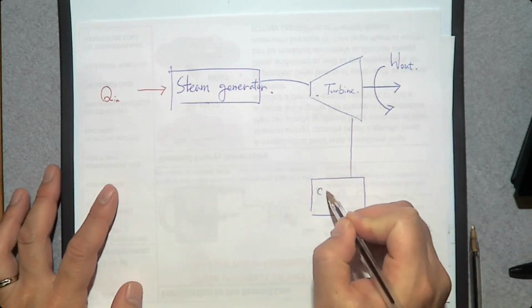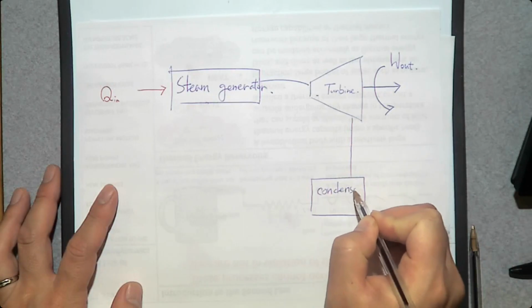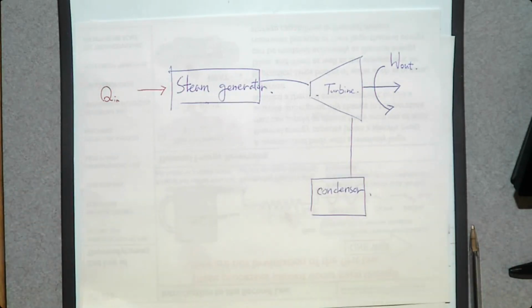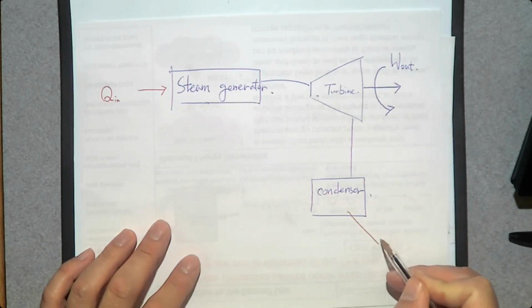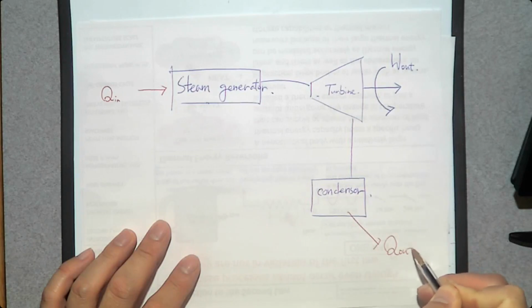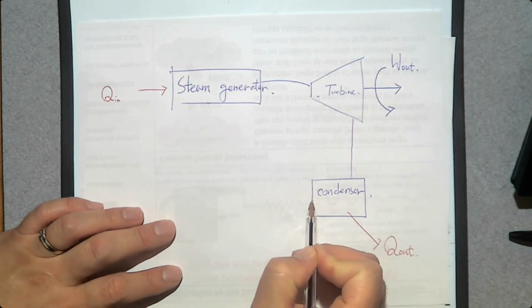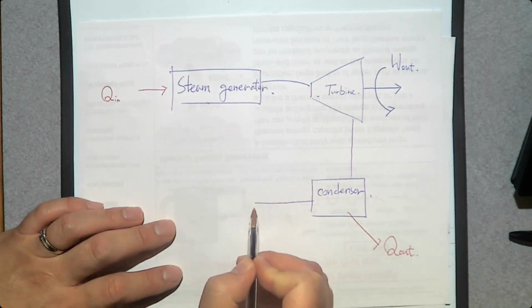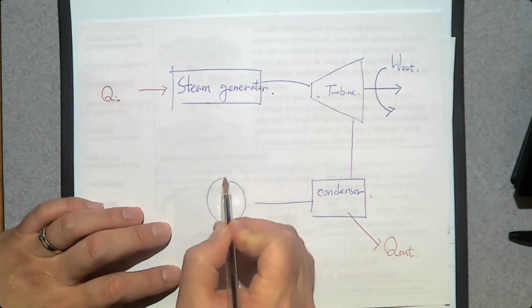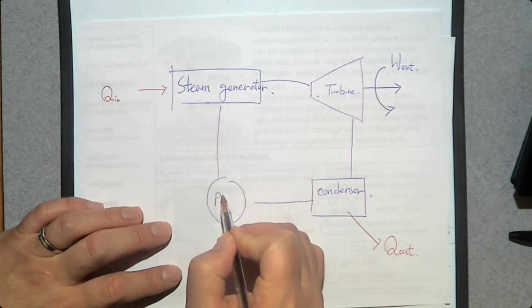So in this condenser, we use a coolant from, let's say, a nearby lake or nearby river or ocean. So we can use those coolants to remove heat from the steam. So we reject heat Q out. And then we need to return this steam back to the steam generator so that it can be a cycle, that is pumped.